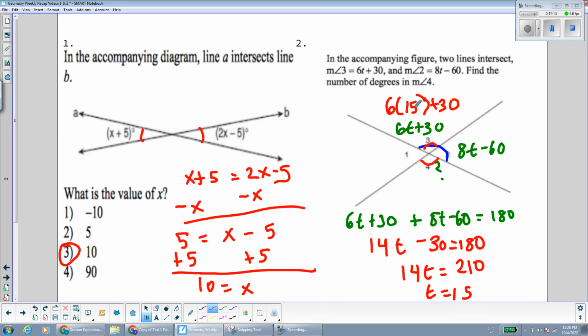Now I've plugged in my t value to the expression. Let's take a second and evaluate on our calculator. We have 15 times 6, 90, plus 30, that's 120 degrees. And that tells us that angle 4 is also 120 degrees. Vertical angles are always congruent.